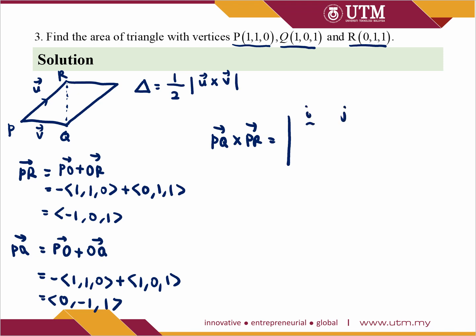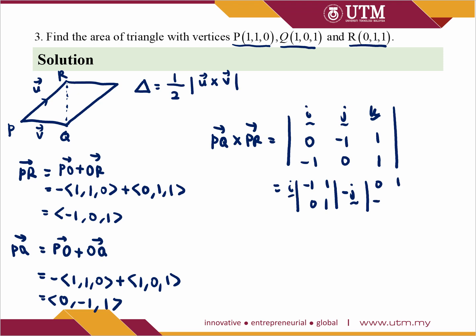So i, j, k, PQ is given as 0, negative 1, 1. PR is negative 1, 0, 1. Now you get your i minus j plus k.